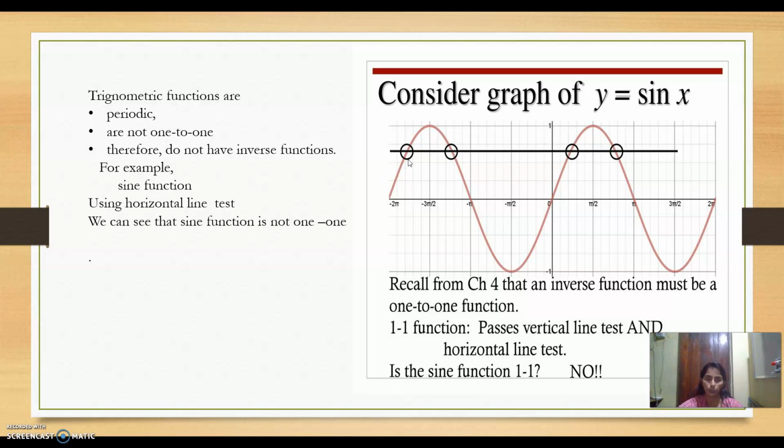not one-to-one. Here this is the graph of y equal to sin x. This horizontal line touches at these points 1, 2, 3, 4, etc. So y equal to sin x is not one-to-one.